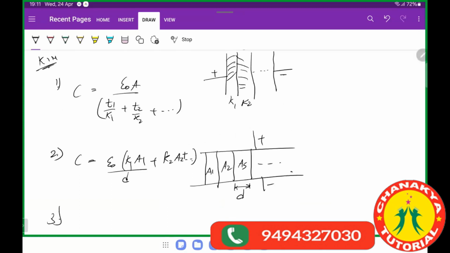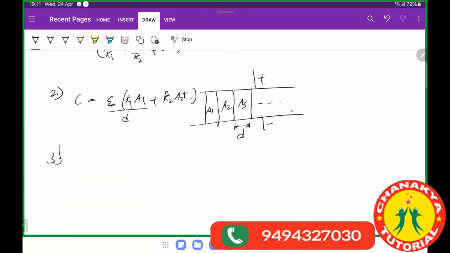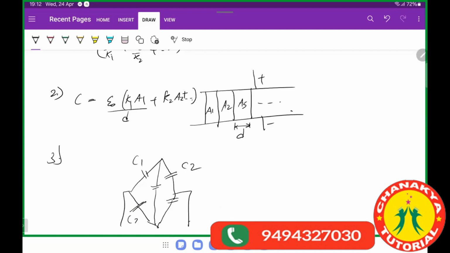Next one we can say is when it is like a Wheatstone bridge. Now let's take C1, C2, C3, C4, C5.